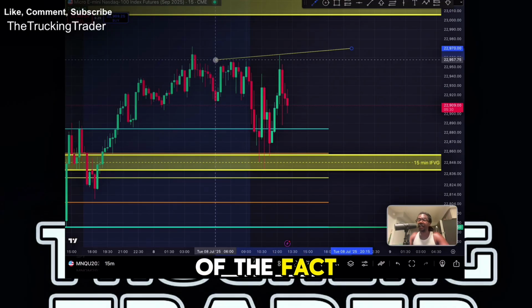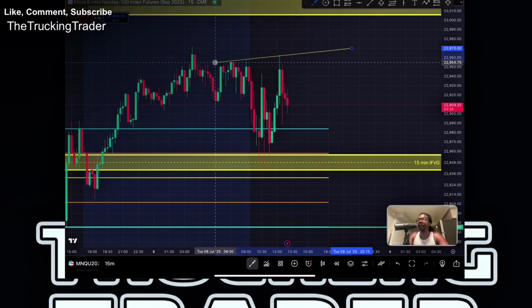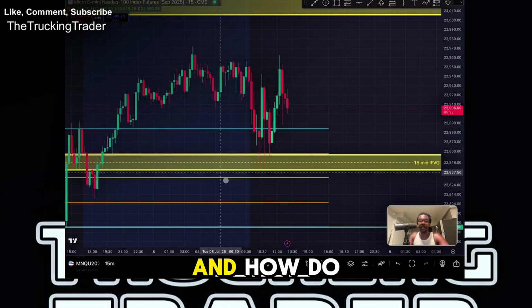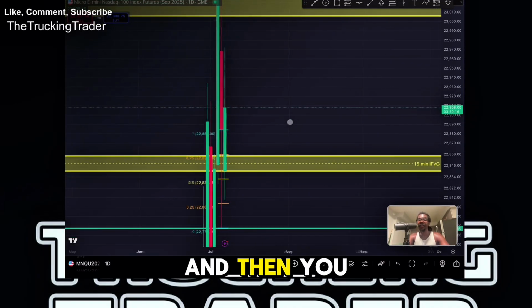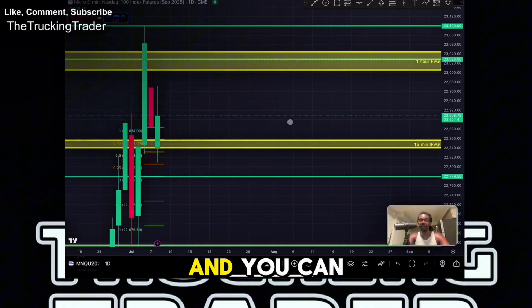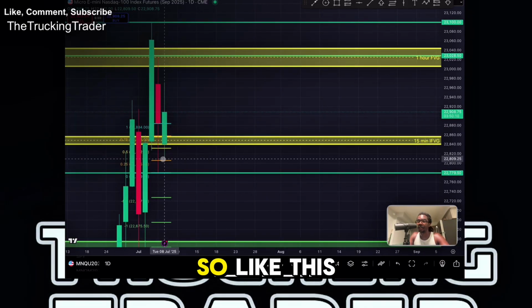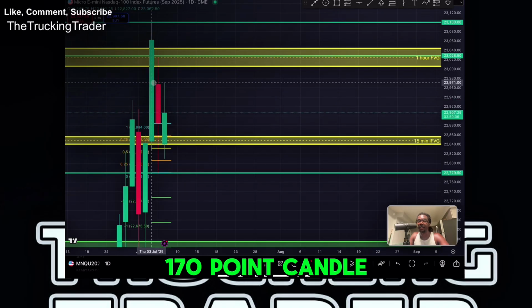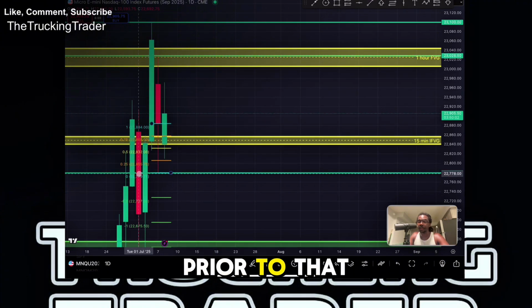I am aware of the fact that the NASDAQ only runs about 300 points per day, like 300 points is its full range per day. And how do you find that out? Well, you just go to the daily time frame, and you measure out these candles, and you can see how much the NASDAQ moves on any given day, right? Like this candle right here is about a 170 point candle. This candle right here was prior to that one.